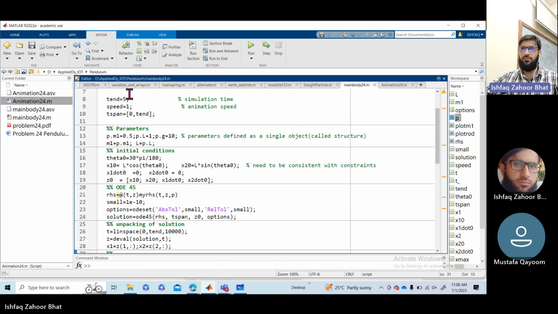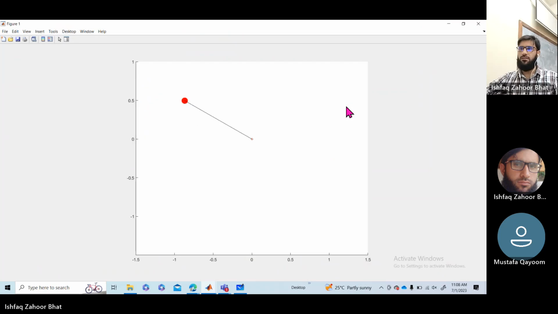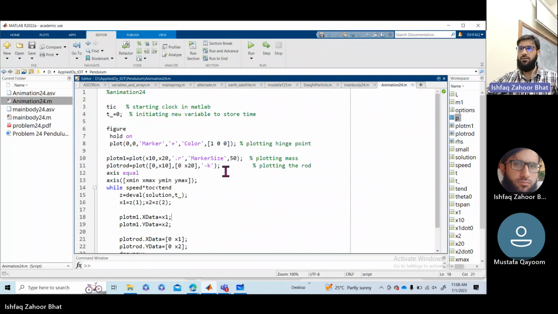Let me increase this time to 20, and see, speed is 1, just a normal speed. So this is the origin or the hinge, and this is the mass, and this is the rod.